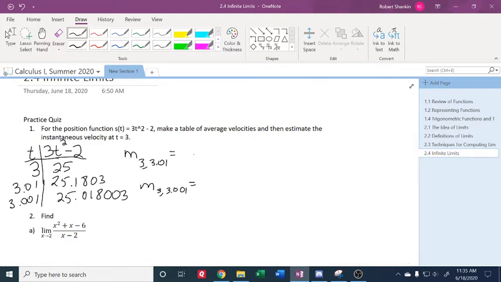And when I do the slope, I take the difference in the y coordinates, which is 0.1803, divided by the difference in the x coordinates, and that's 0.01. It moves the decimal 2 places to the right.